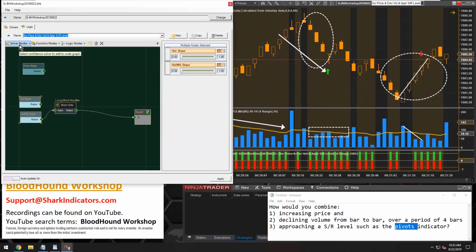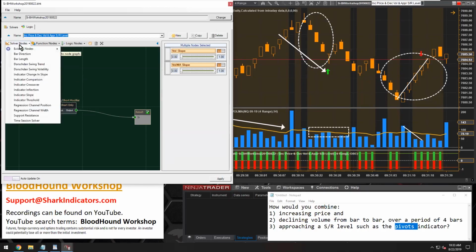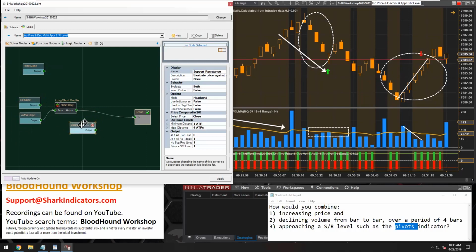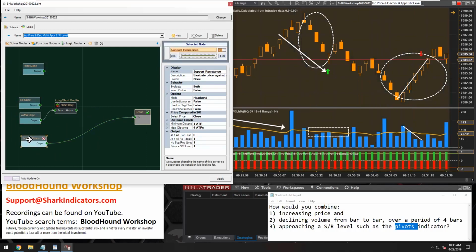So that will be a job for the support resistance solver here. There we go. Support resistance solver at the bottom. And there, let's put that down there, connect that in.